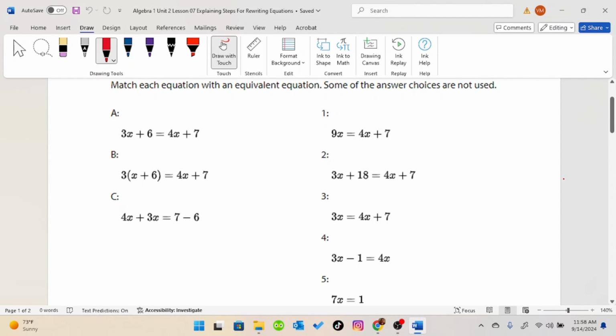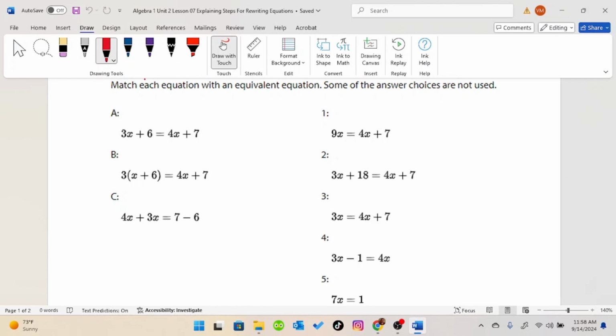Our first question on the practice problems for Lesson 7: match each equation with an equivalent equation. Some of the answer choices are not used. So we can combine like terms such as x terms or number only terms.